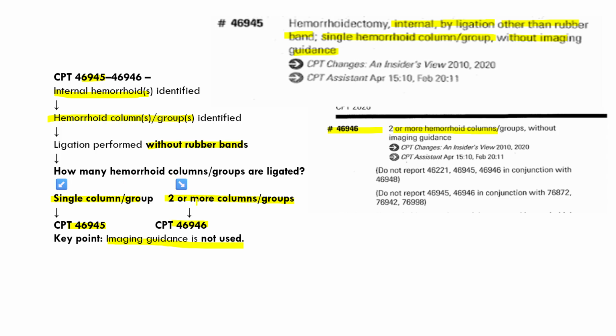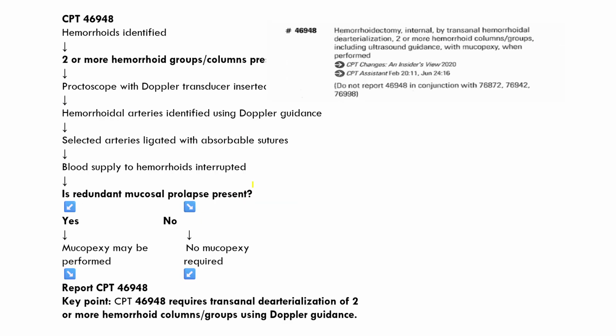I hope you understood internal hemorrhoids by ligation other than rubber band. We will move to the next slide. So 46948. 46948 is for the hemorrhoidectomy.